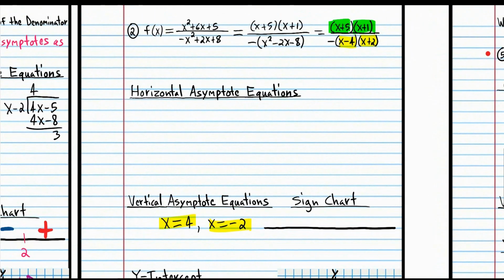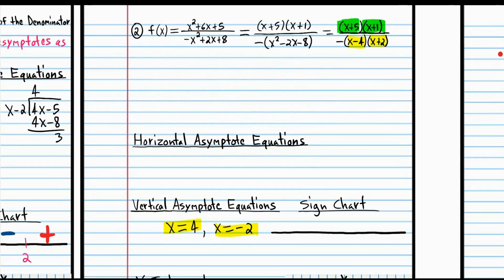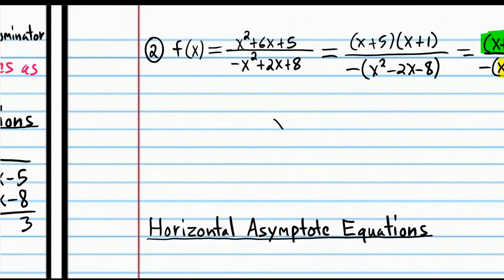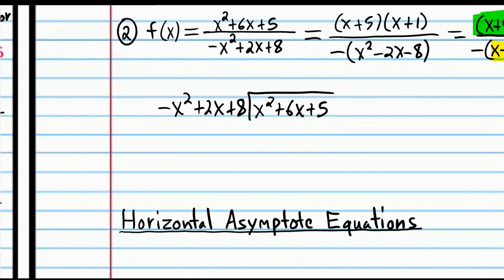Okay, so now we're going to find the horizontal asymptotes. So I'm going to divide the numerator by the denominator. This is just the easiest way to find an expression. It will show us the position of the horizontal asymptote, if there is one.